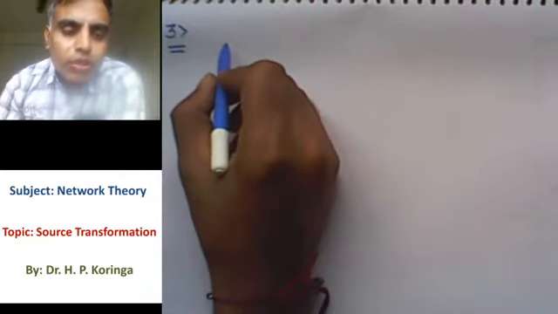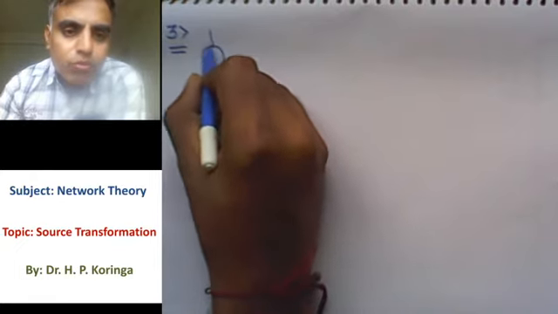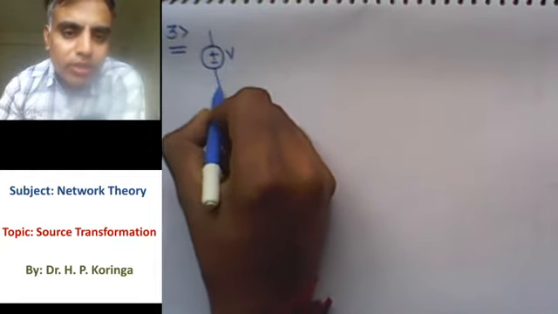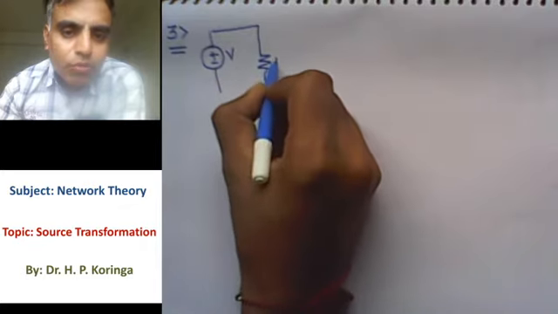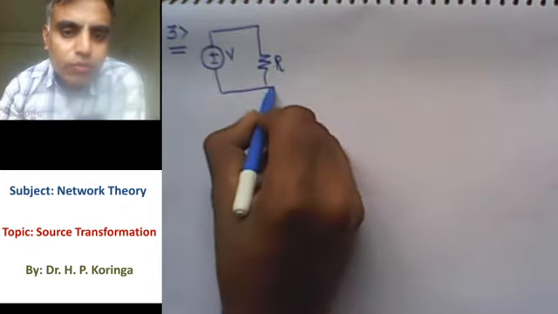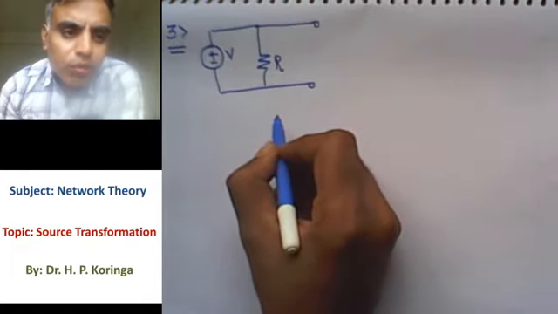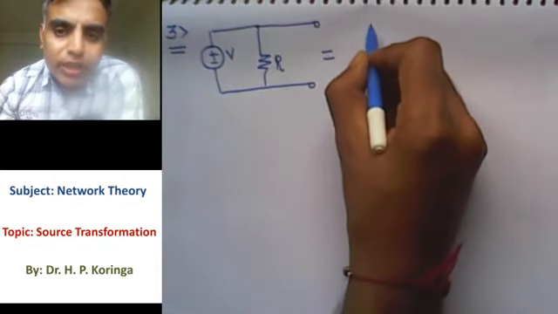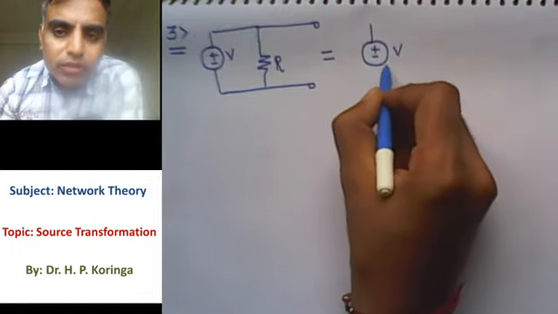So the third rule in source transformation is: if a resistance is connected in parallel to any voltage source, right, the parallel voltage is the same, so we can remove that resistance.